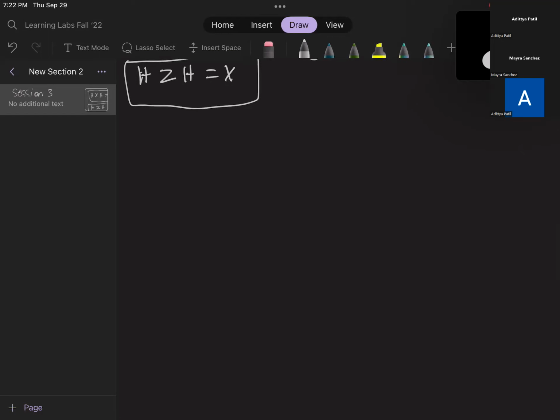Okay, so anyway, now we are going to get into some multi-qubit manipulation. We're going to start with two states. We're going to introduce a new gate called the CNOT, otherwise known as controlled NOT.